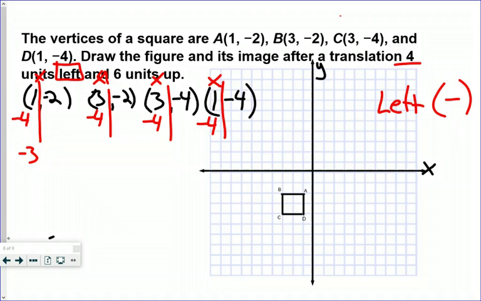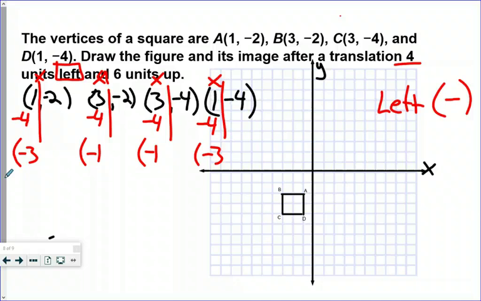So that'll be our new x value. Moving over, we have 3 minus 4. That's going to give us a -1. 3 minus 4 would be -1. And then our last one here, 1 minus 4, will give us -3. So these are our new x values, or our x coordinate, for our new shape after it's been translated.